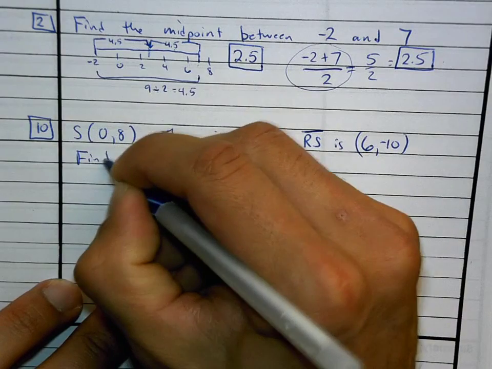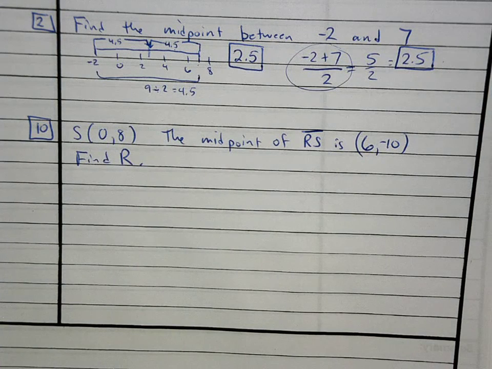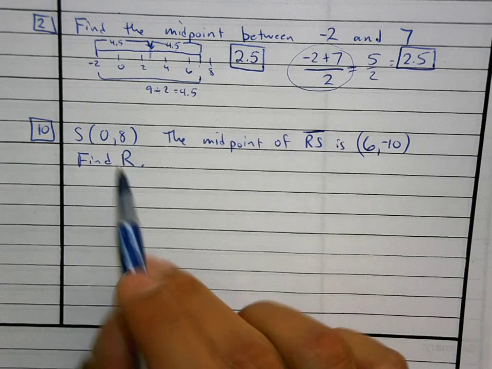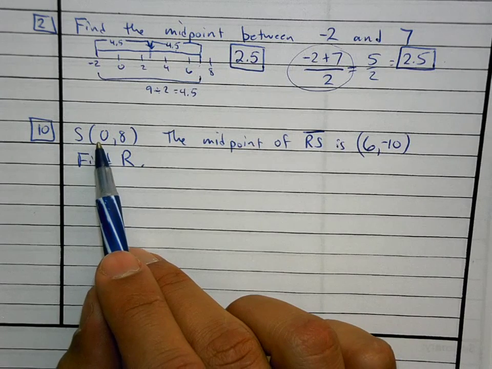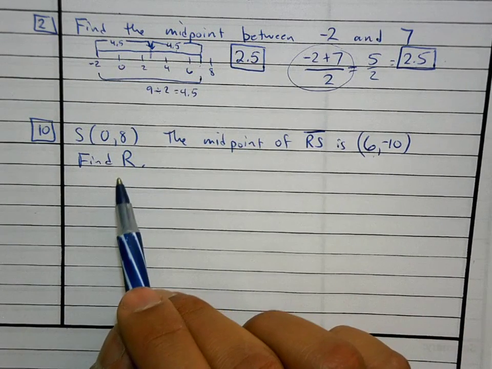Find R. So they give you one side, they give you the midpoint, and they say, where's the other side?